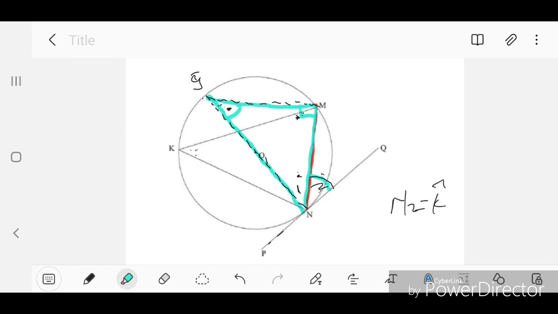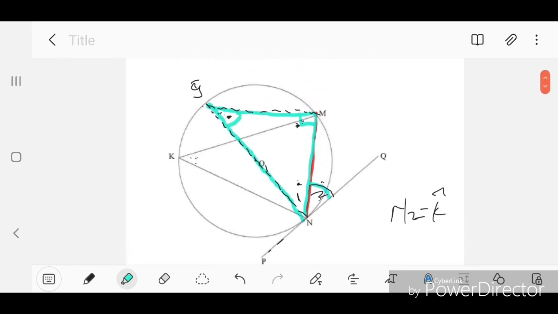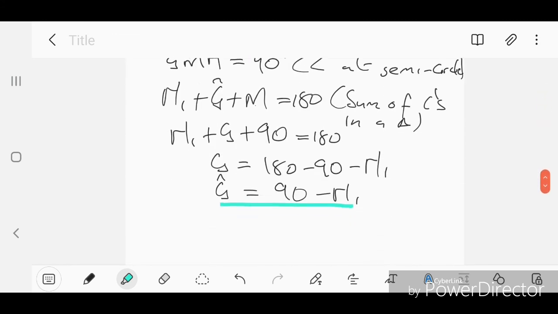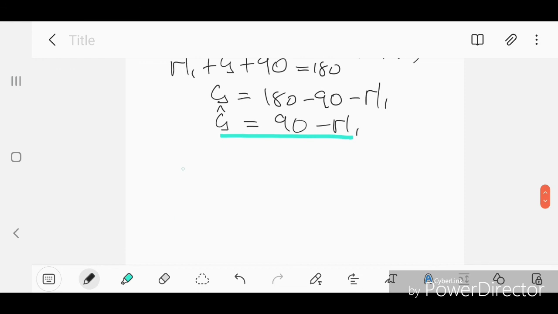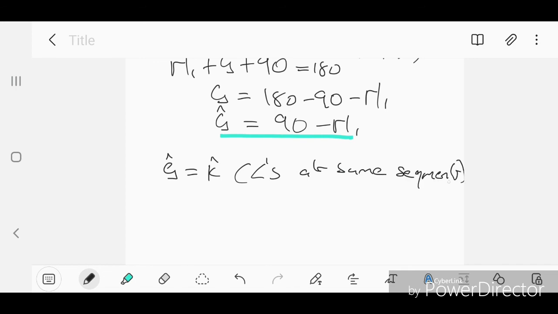Alright, so now I'm concluding. I'm going to say G equals K, because that is true. Why?